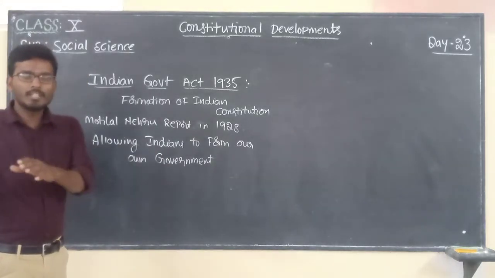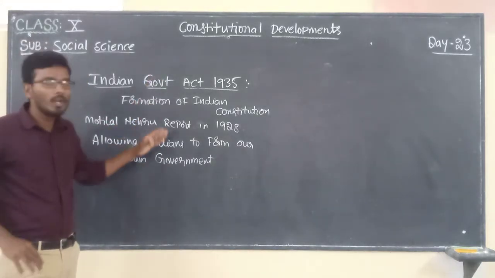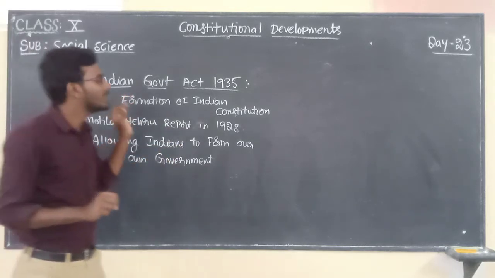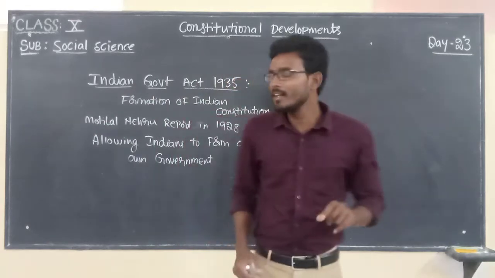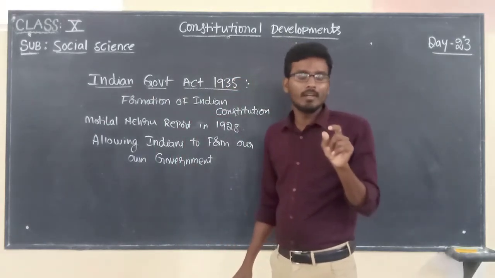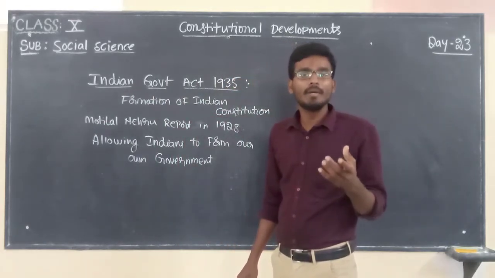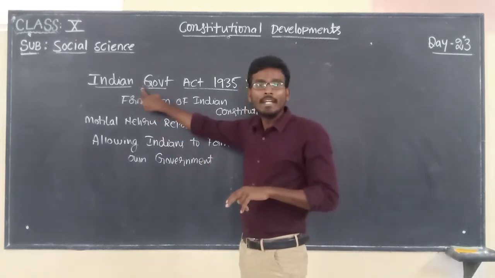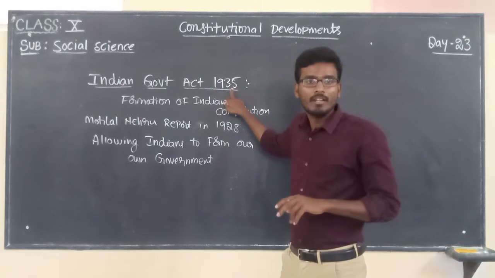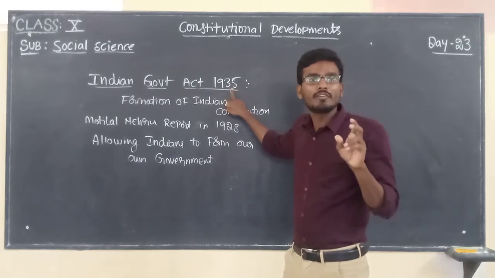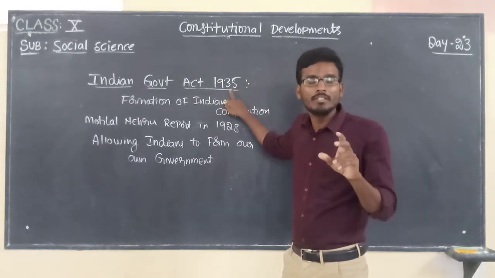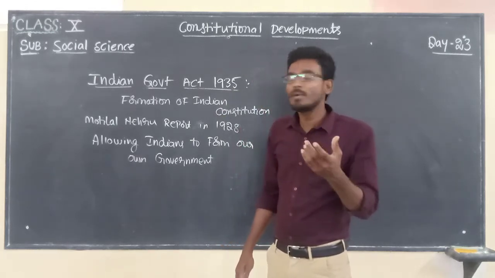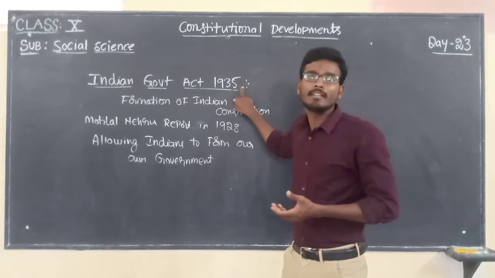Ruling not by the British, ruling by the Indians. This act allowed the Indians to form their own government. That is the reason why this act is very important. Again I will say, one of the important acts brought by the British in Indian administration is the Indian Government Act 1935. This act is a very important base for the Indian Constitution. Why? Because most of the provisions in our constitution were adopted from the Indian Government Act 1935.